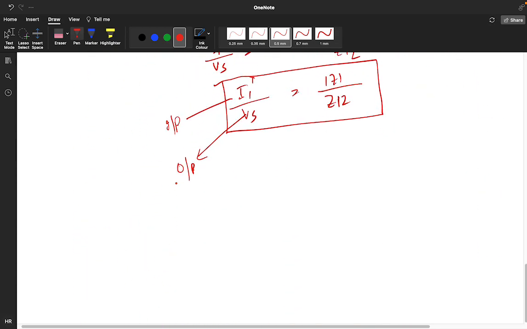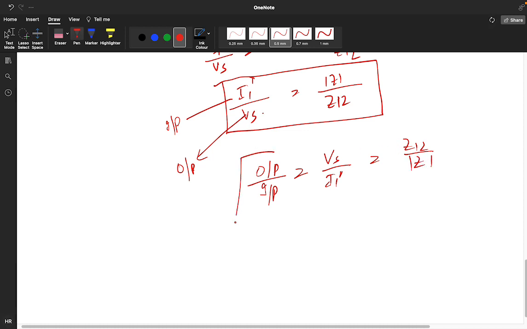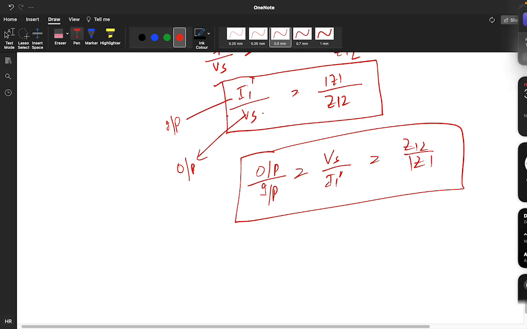In a transfer function, we have to see output upon input. Now what is the excitation and what is the response? In this case, you have to see Vs upon I1 dash, and that is nothing but Z12 divided by mod Z. Always as a transfer function we are seeing output upon input.